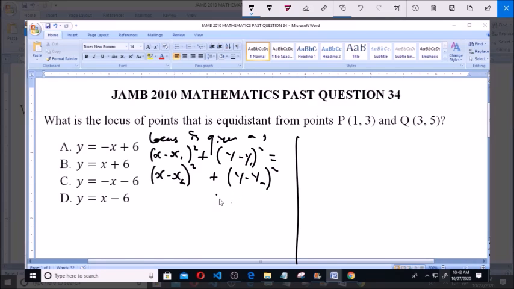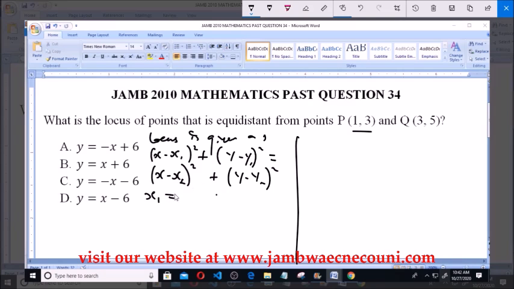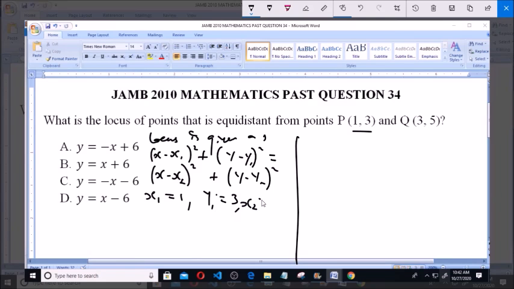This is the expression for finding the locus of a point. From the information given to us, we have that x1 is equal to 1, y1 is equal to 3, x2 is equal to 3, and y2 is equal to 5.